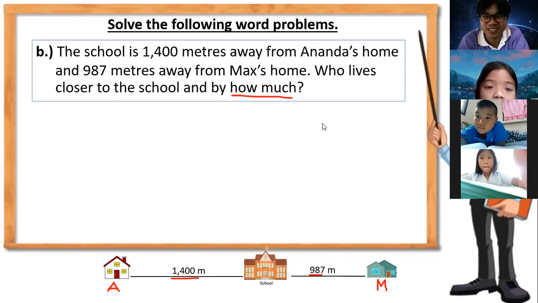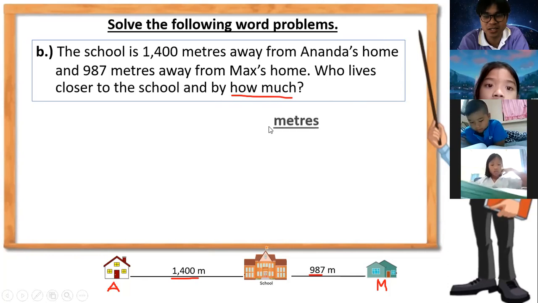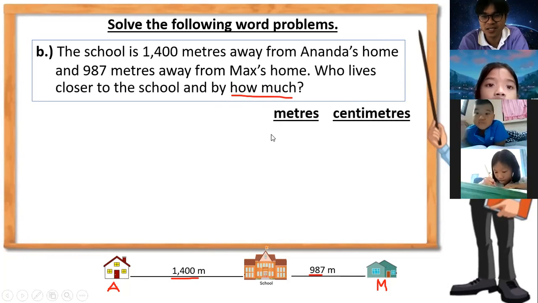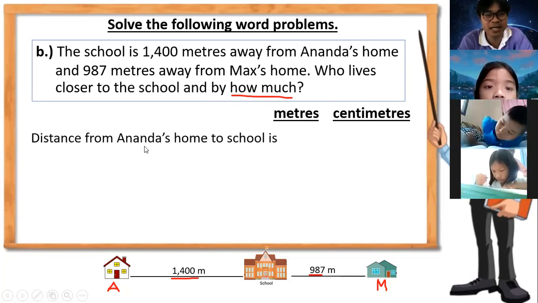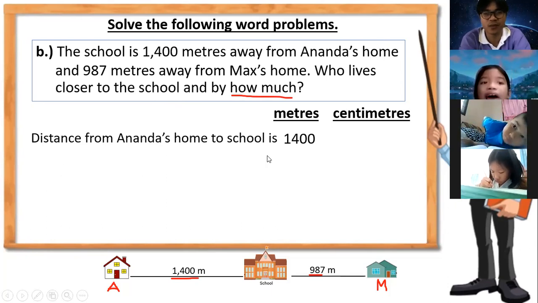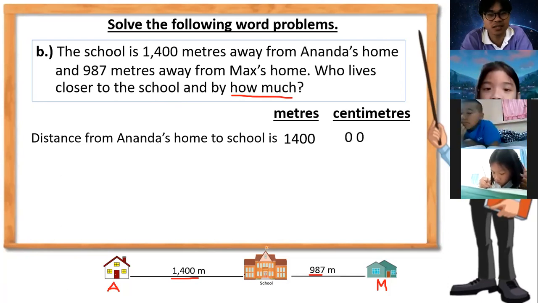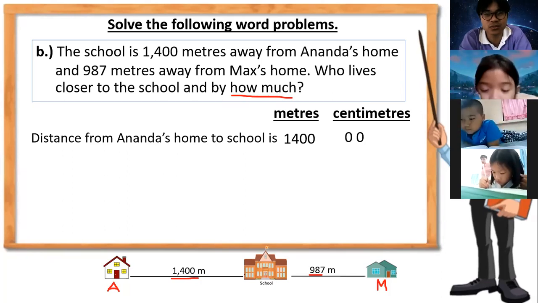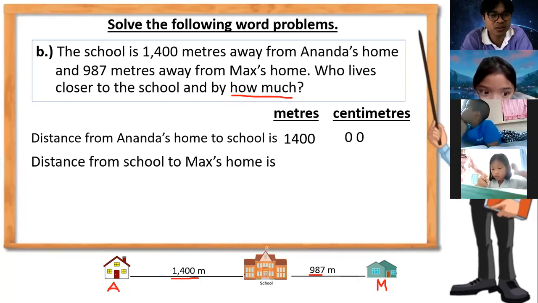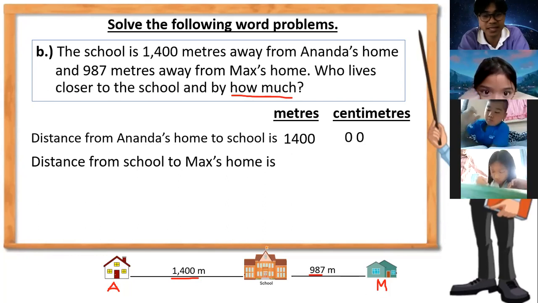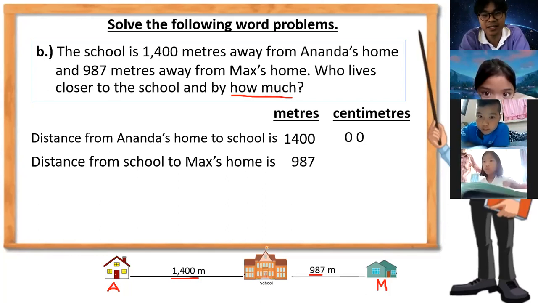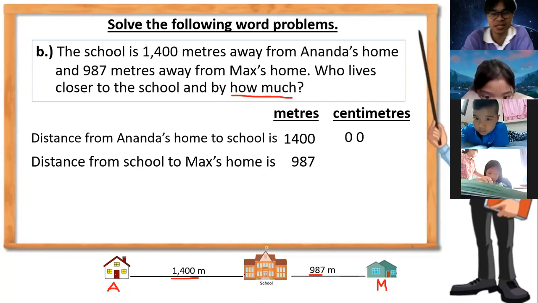Let's go step by step. Let's separate meters and centimeters here, and then go to the first line, which is the distance from Amanda's home to school, 1,400 meters. So there's no centimeters, just write 00 there. Next, go to Max's home. The distance from school to Max's home is 987 meters.